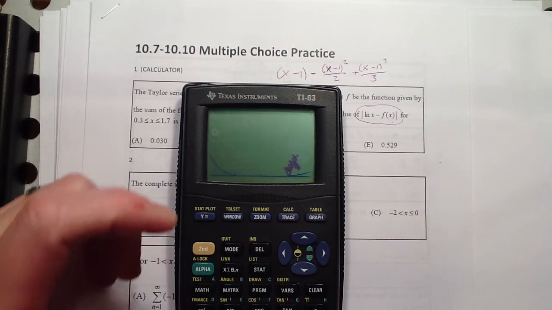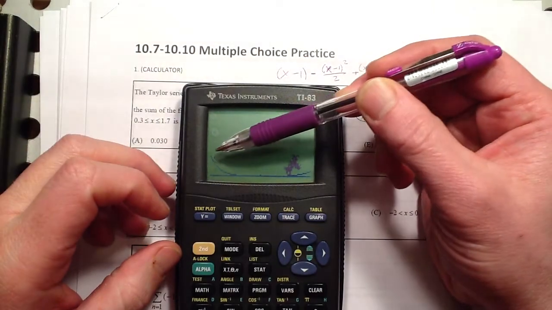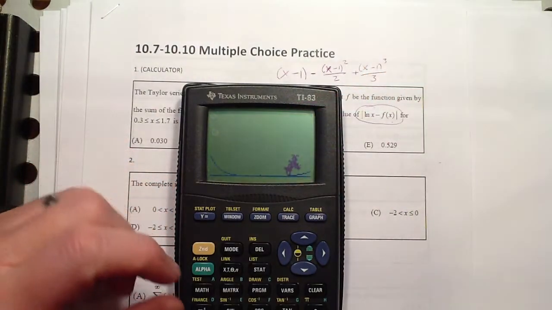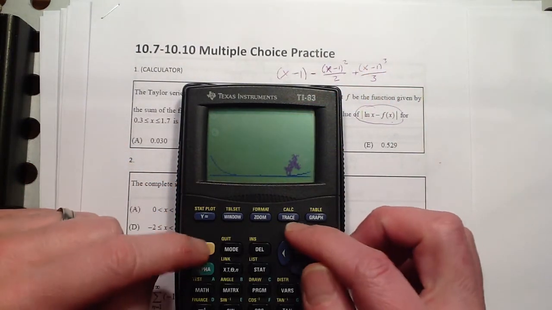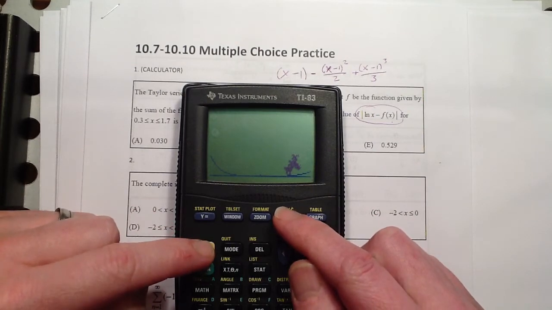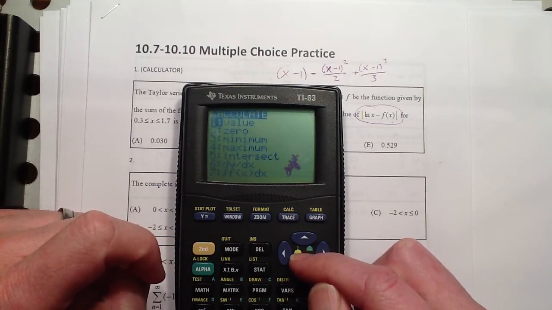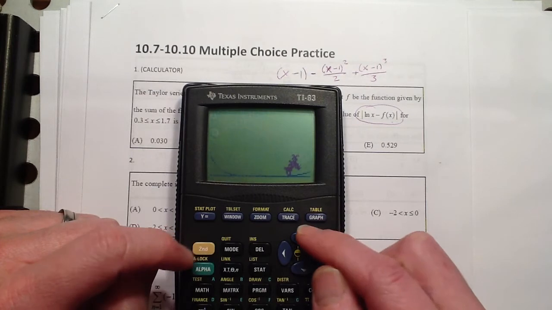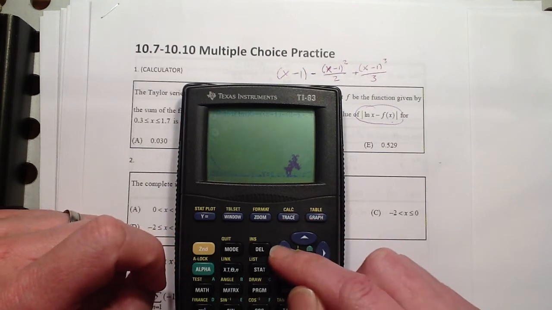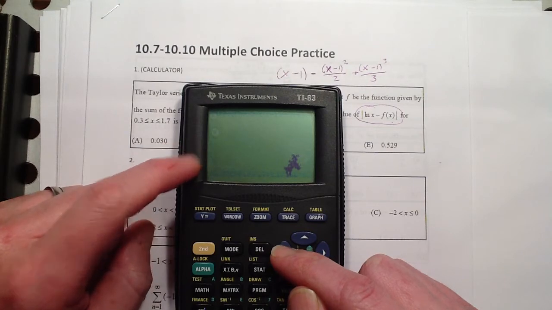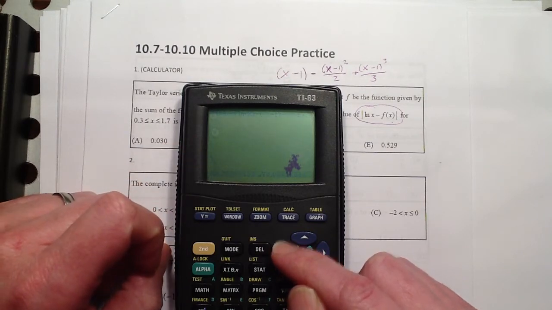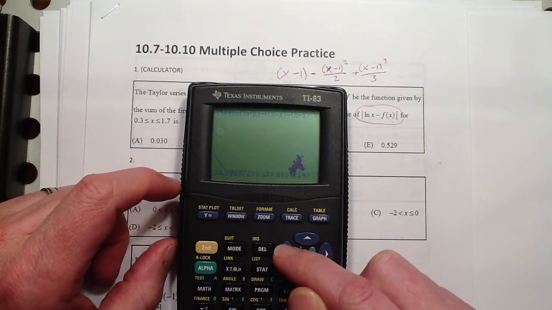So it looks like the maximum value happens right here. So I'm going to trace this. Oops, I meant to do trace and just move my cursor over it. I'm interested in what the y value is, in other words, what the difference is.